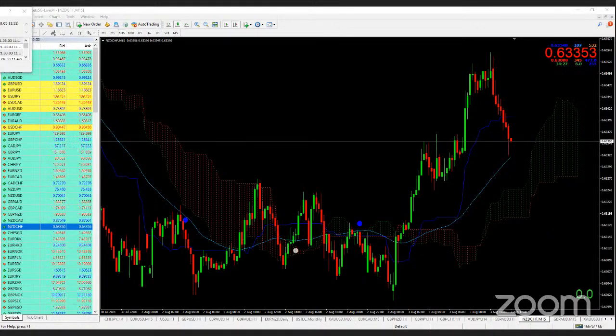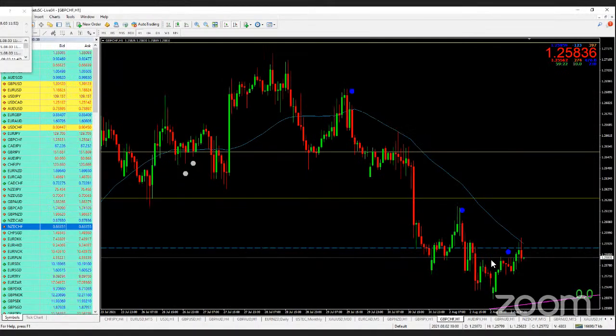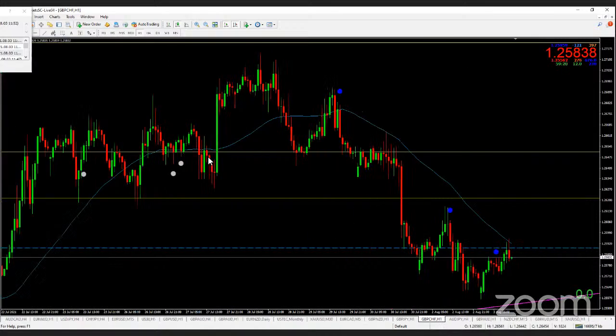Now, with regards to the trade we got into, which is this one, pound CHF. Just note that going in having a drawdown in trades is part of the game.